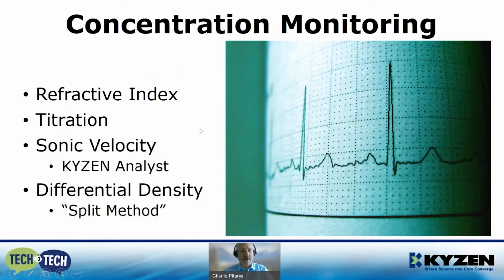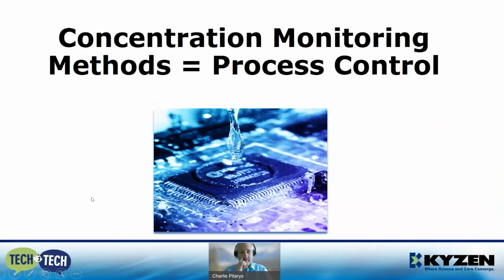For concentration monitoring, there are several methods: the refractive index, titration, sonic velocity, which is performed by the KYZEN analyst, and the differential density, which is what we call the split method testing. We're going to be following into that. So concentration monitoring methods are process control.